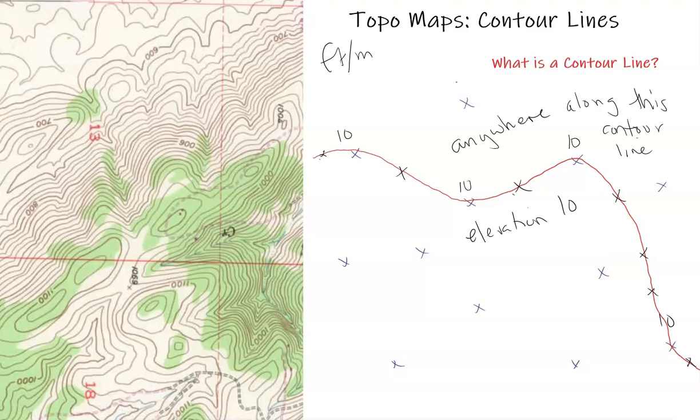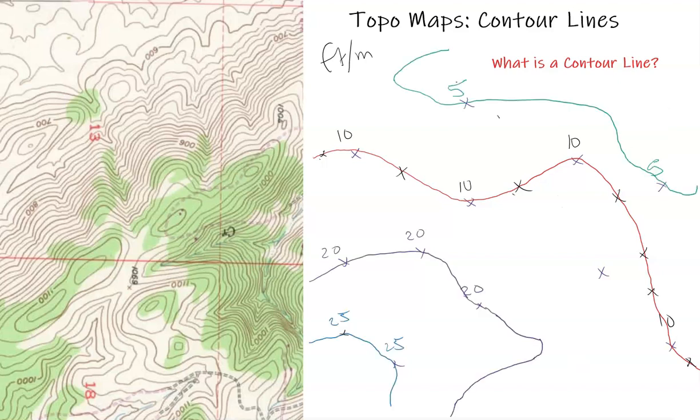Okay? So now I've added 3 more contour lines. Right here, this is the 25 contour line. We have the 20 contour line there, and we have the 5 contour line here. Now I've drawn them kind of accurately according to where the 10 contour line is.